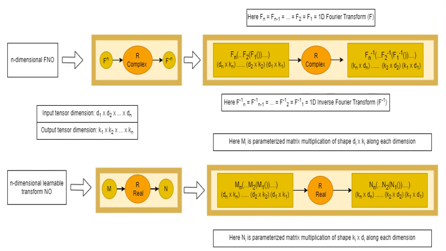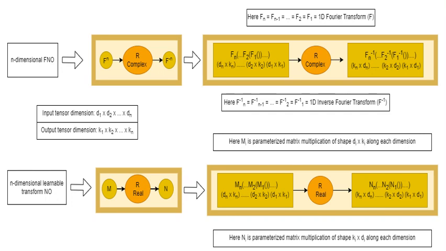We scale things up to n-dimensional neural operators and investigate the differences between an n-dimensional FNO and our n-dimensional operator. It is known that an n-dimensional Fourier transform is equivalent to taking n one-dimensional Fourier transforms over each dimension.